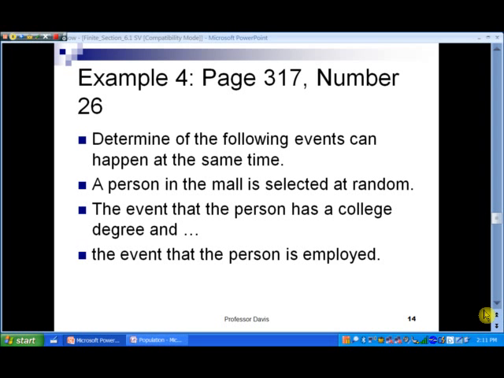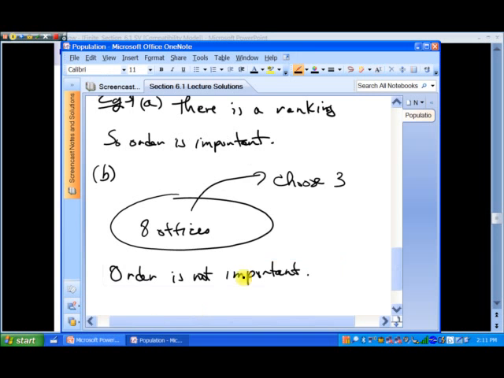And the second is, is that person employed? We have to ask ourselves, can these two events happen at the same time? Can someone both have a college degree and also be employed?